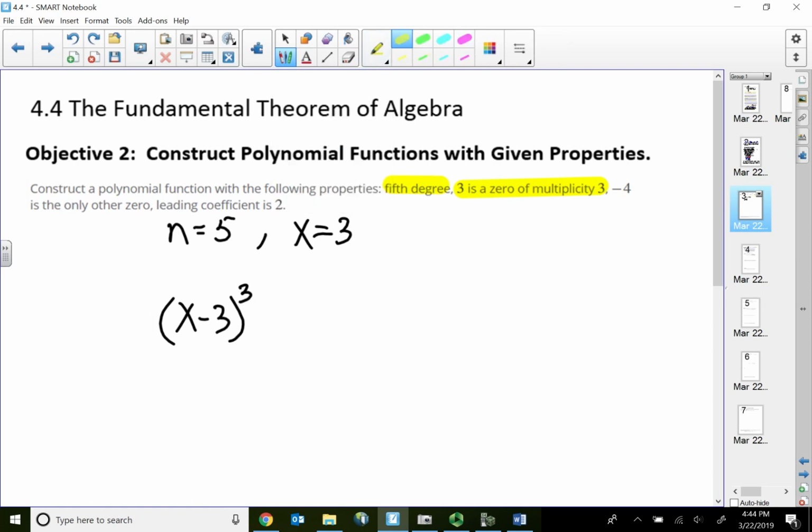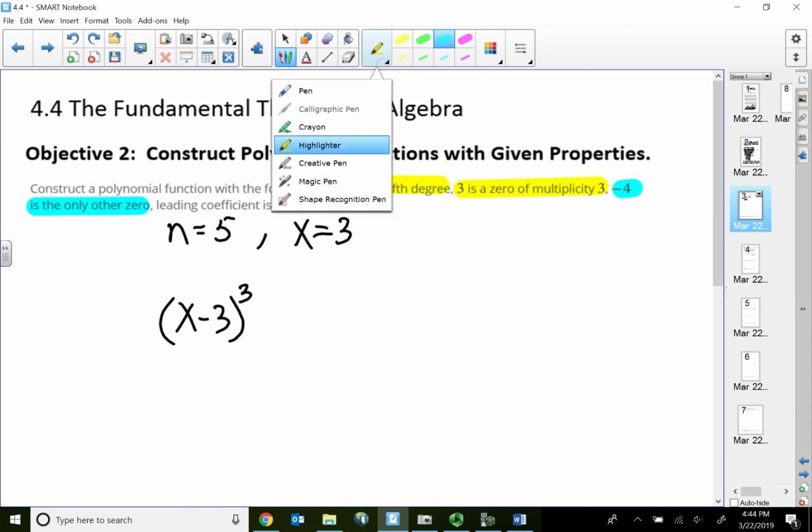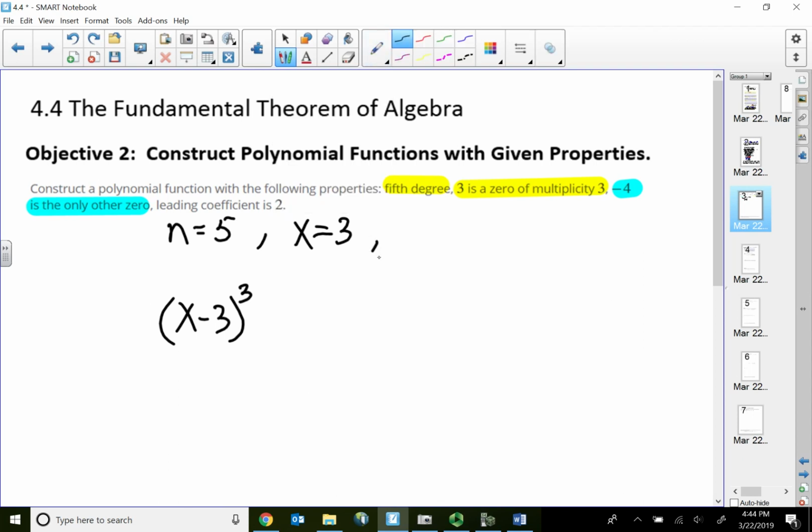Next piece of information: negative 4 is the only other 0. What does that mean? Let me write the multiplicity down, just saying MULT. Multiplicity for the 3 is 3; 3 is a 0, multiplicity is 3.